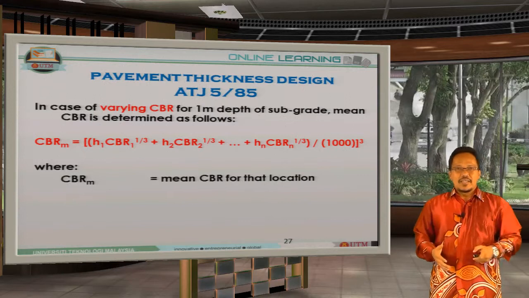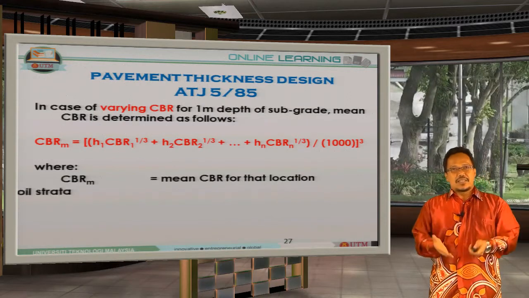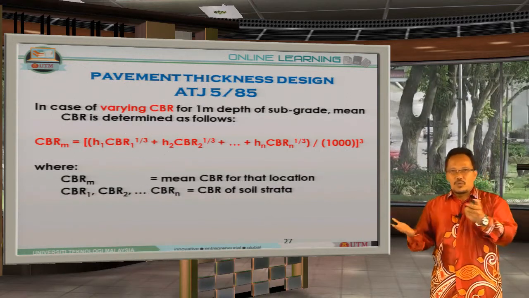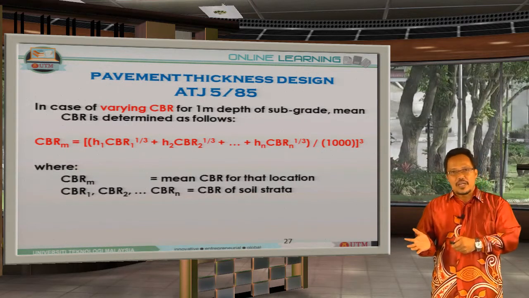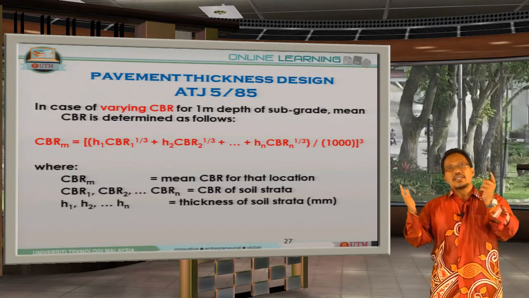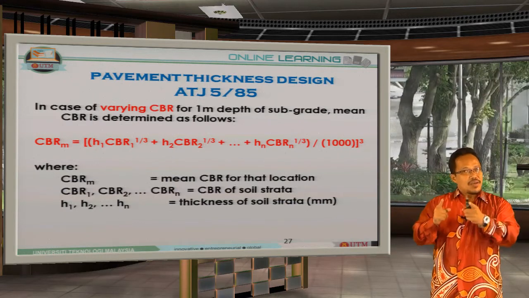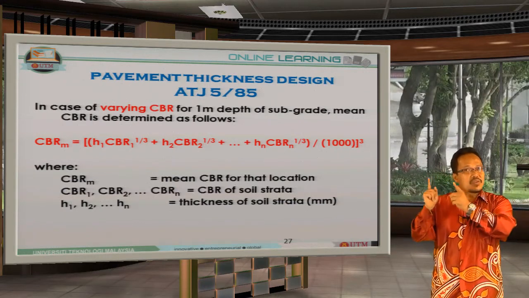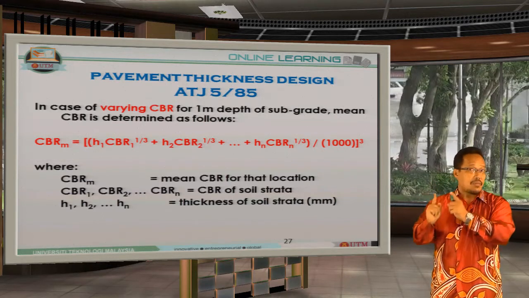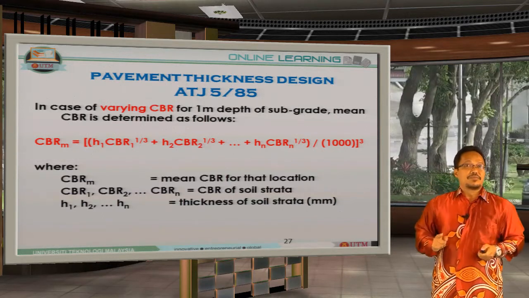Where CBR1 to CBR3 are the CBR for our soil, and H1 till HN is the thickness of the strata in mm. Why? Because we divide by 1000. That 1000 is 1000 mm, or 1 meter.